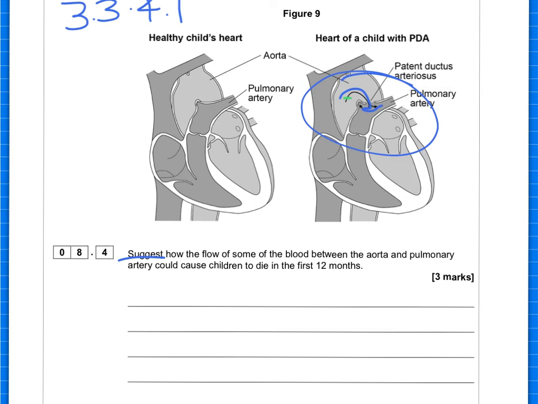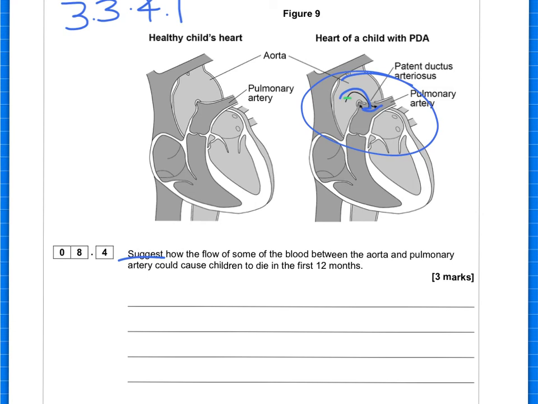So for this question, you're going to need to understand the structure and function of the heart, and you'll need to know that the aorta on the left side has oxygenated blood, and it will flow into the pulmonary artery, and the pulmonary artery is then going to the lungs.